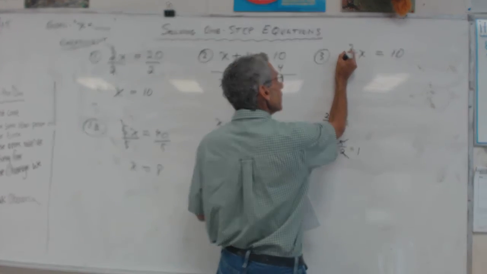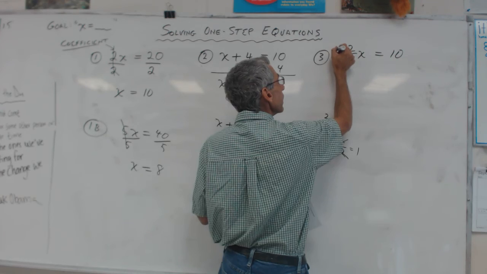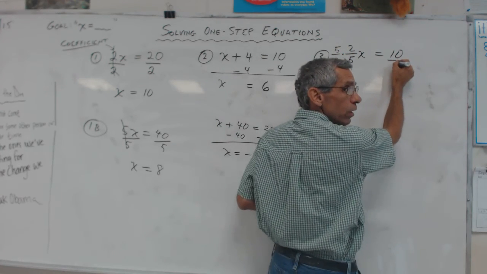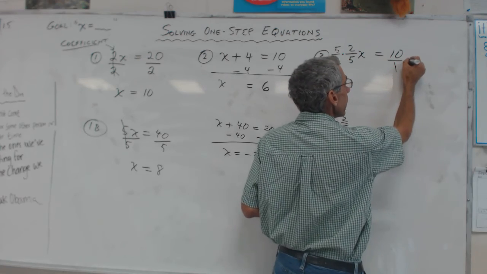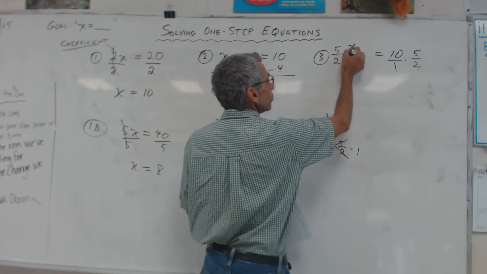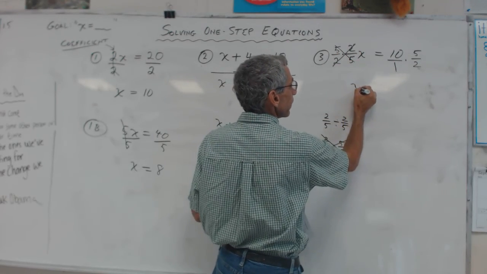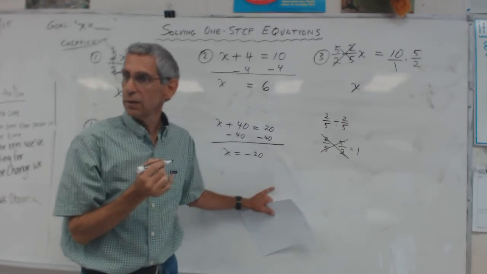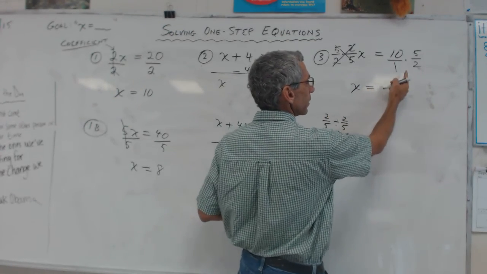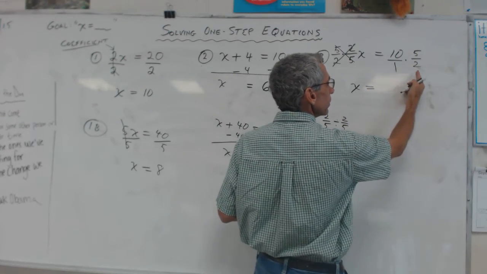So I'm going to multiply this times 5 over 2. And 10 over 1 times 5 over 2. Okay? So the 2's cross out, the 5's cross out. All I have left is an x. With me? Yes? Equals. Now, how can I simplify this first?